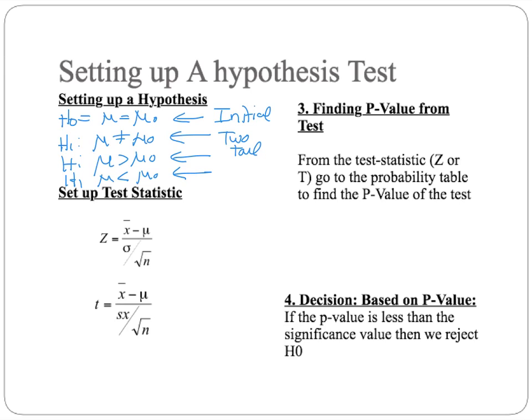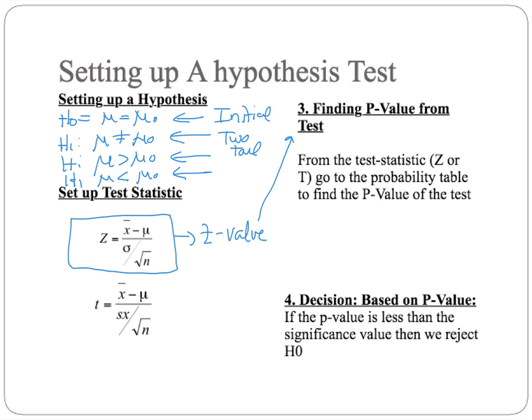Once we set up the hypothesis test, we take our data, right? We calculate x bar, and once we know what sigma is, what mu is, and what n is, we can calculate z, and once we get a z value, we go to step 3, finding the p-value.